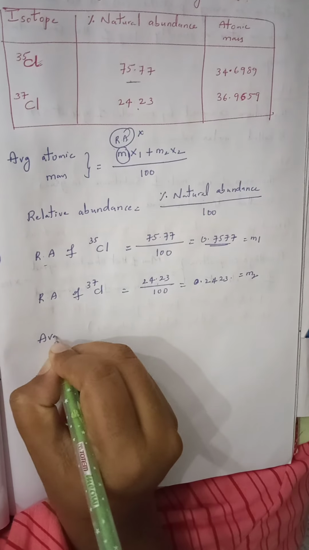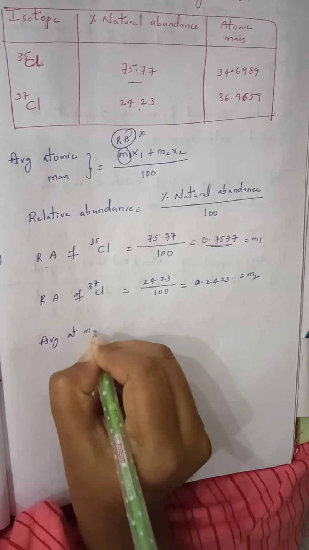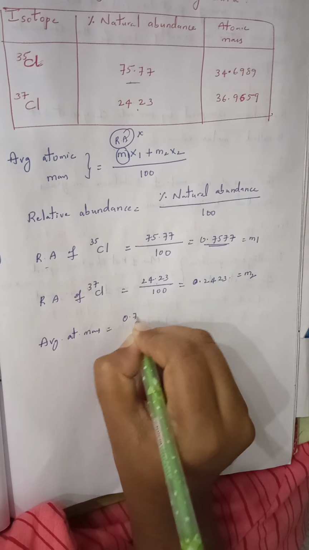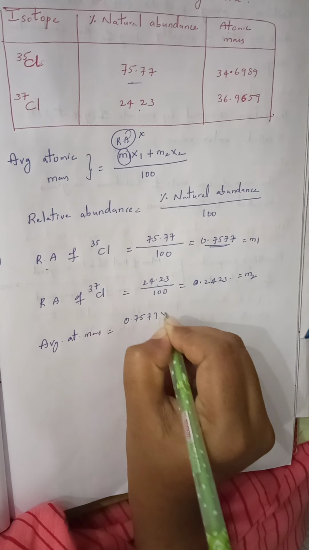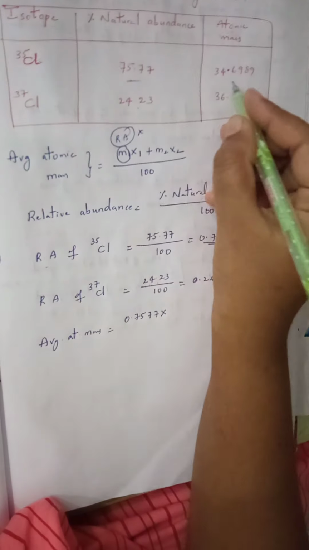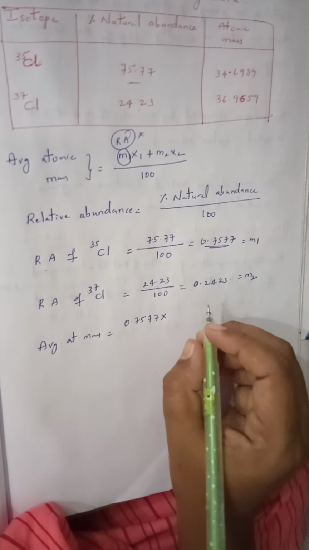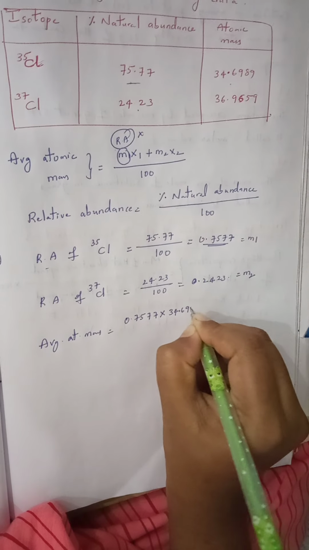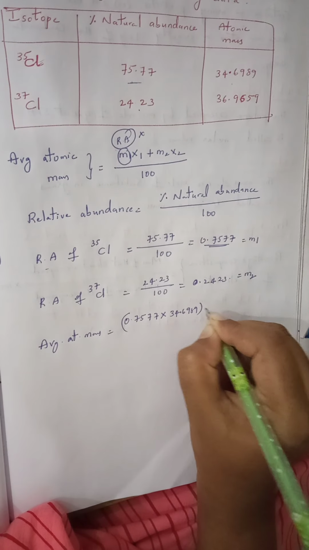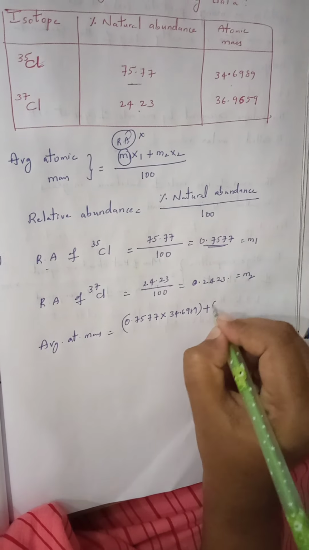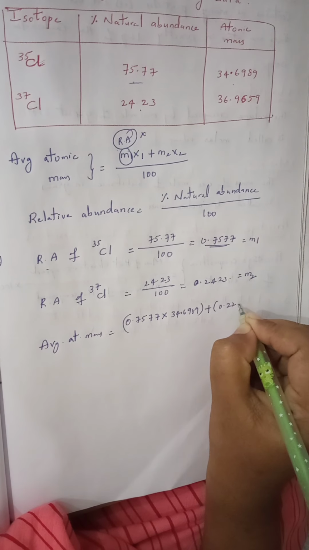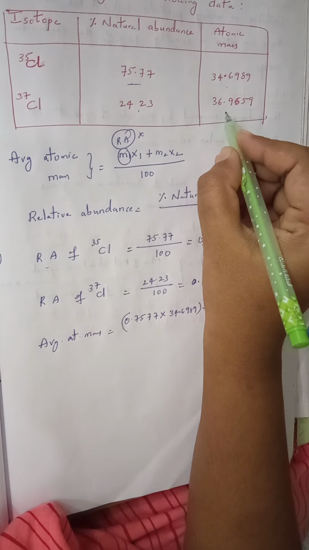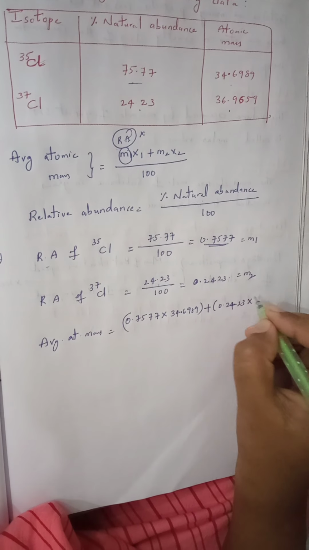Then average atomic mass is equal to the m1 value, that is 0.7577, into x1 given here, that is 34.6989, plus m2, 0.2423, into the x2 value, 36.9659.